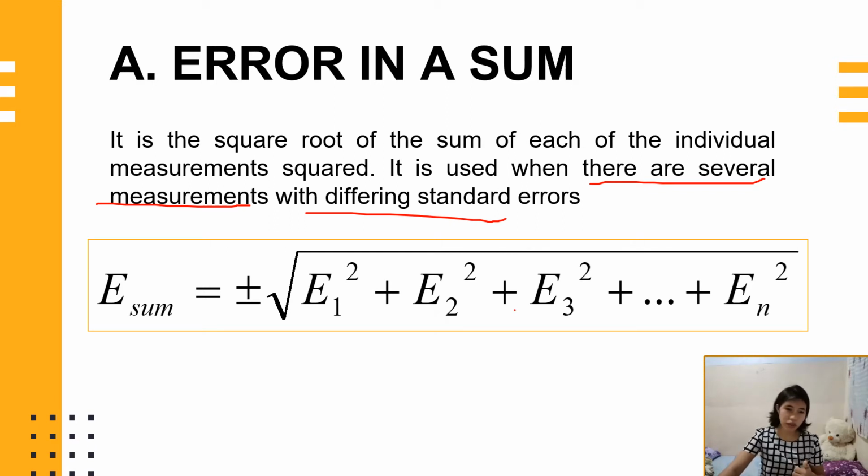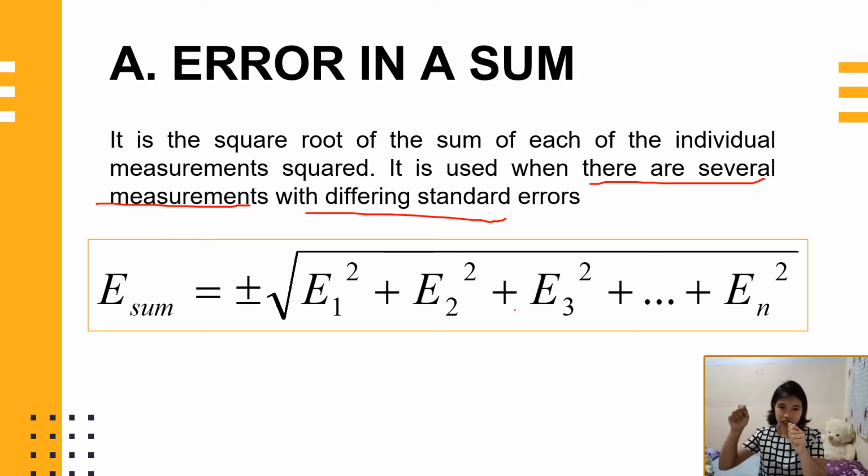So, for example, nagme-measure tayo ng 1,000 meter na distance. So, pag unang section natin siya na-measure, yung error na nakuha natin is 0.1.